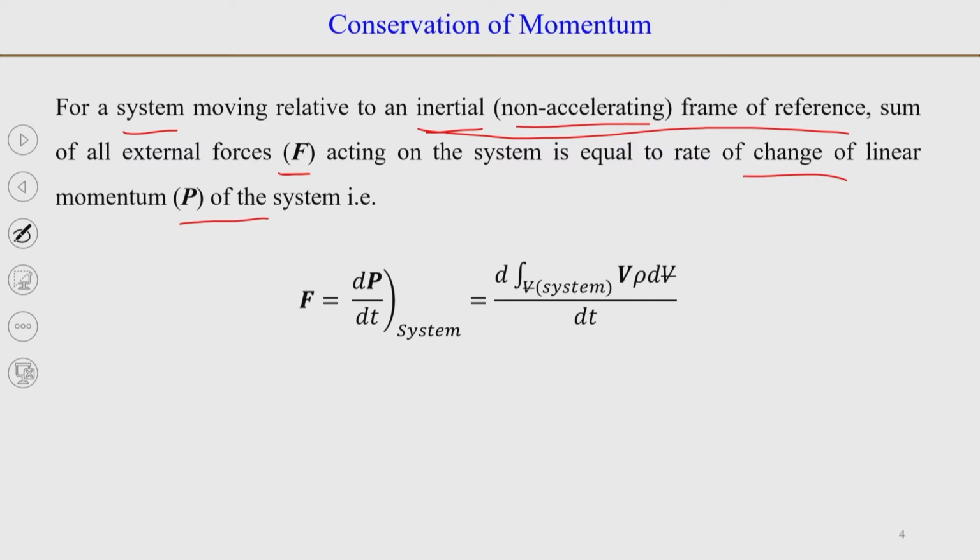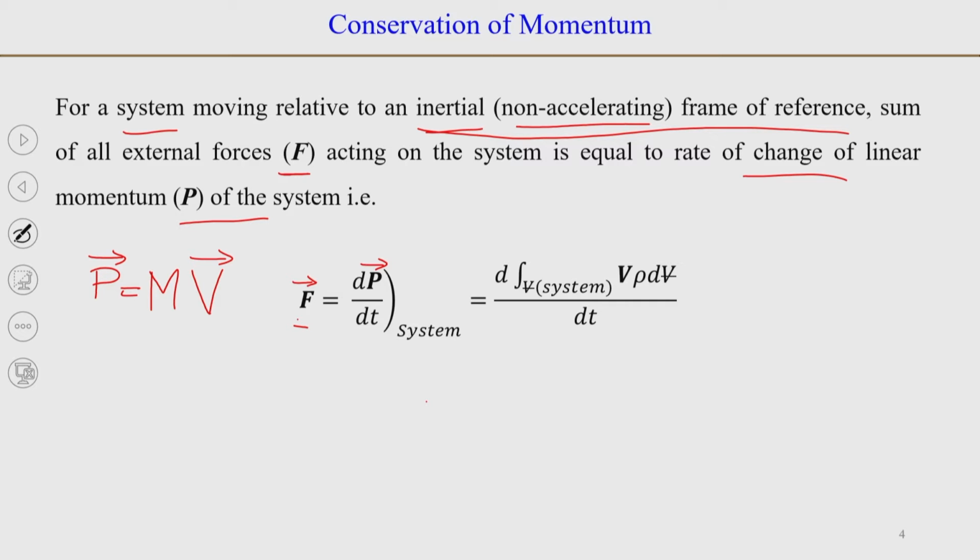So, linear momentum P is equal to mass of the system times velocity. So, vector F is equal to dP over dt.